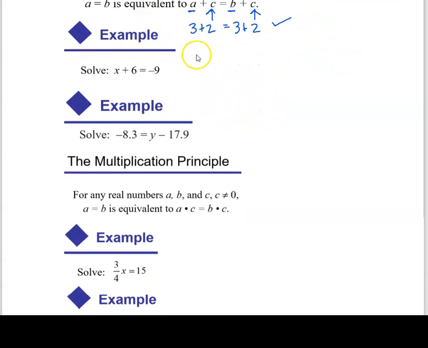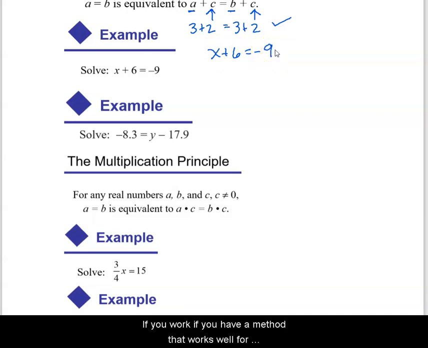There's lots of different ways that people document how they do an algebra problem. If you have a method that works well for you and you want to continue doing that, that's fine with me. This is the easiest way that I can show you the addition principle, because what we want to do is get x by itself, so we need to get rid of a plus 6.